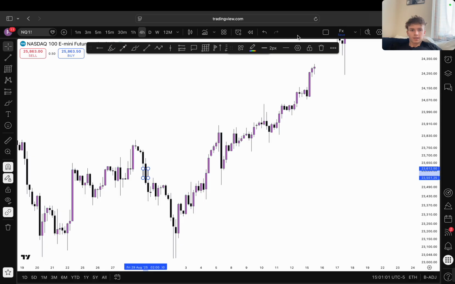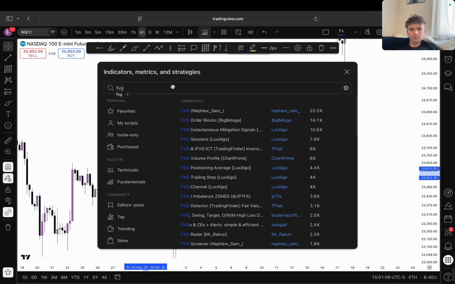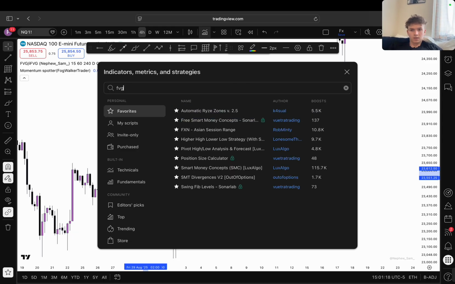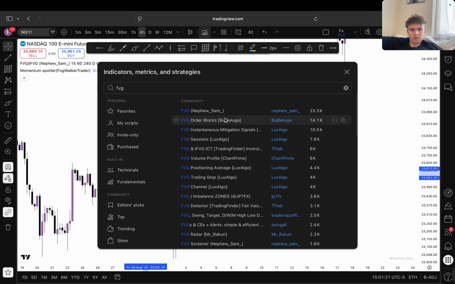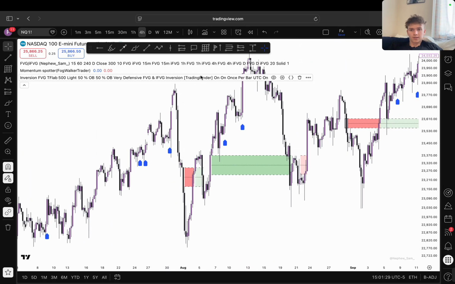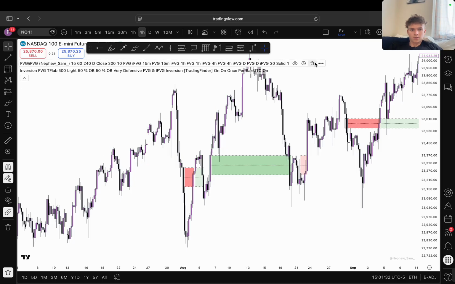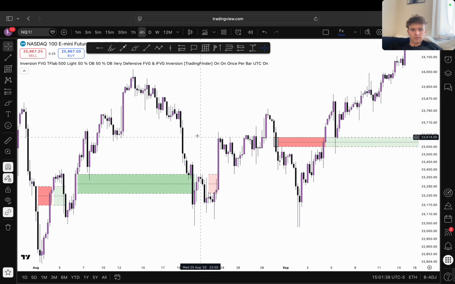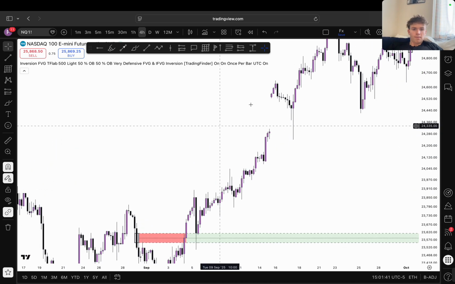I can probably add a indicator. See, look, we added a fair value gap indicator here. This is showing you a bunch of them. Obviously, there should be one here. It doesn't get all of them, but you get the point.